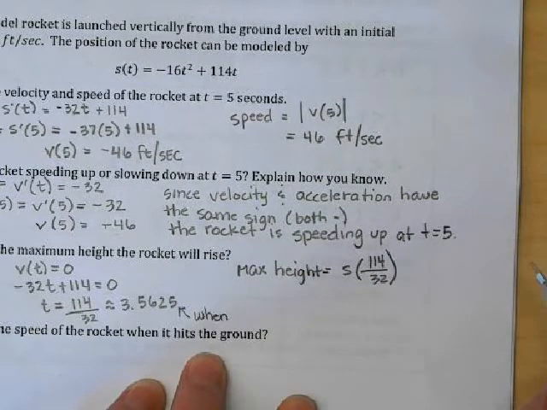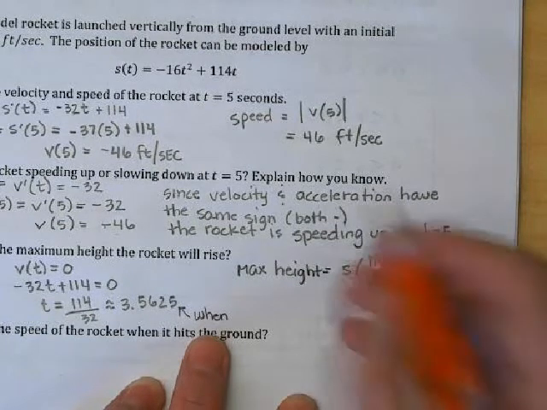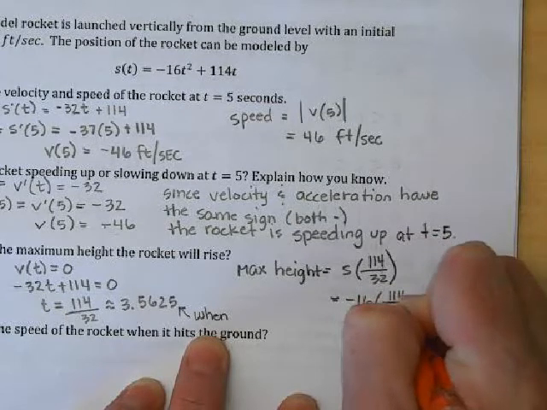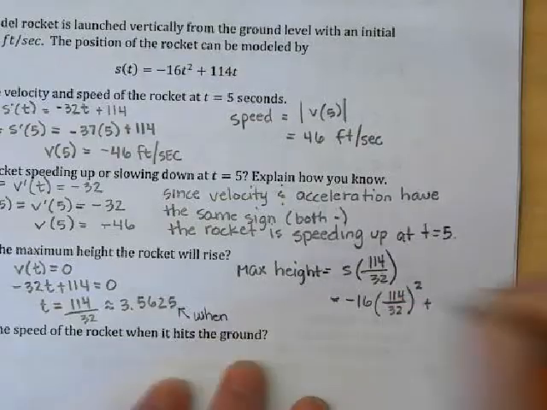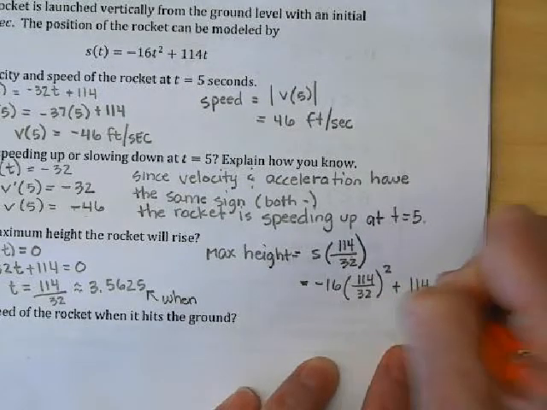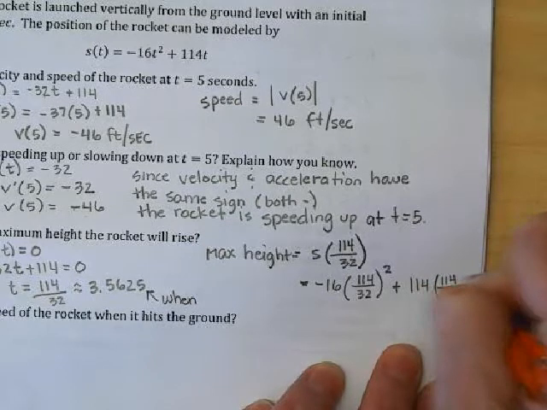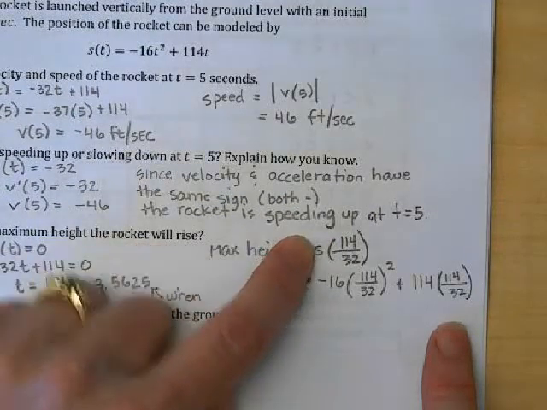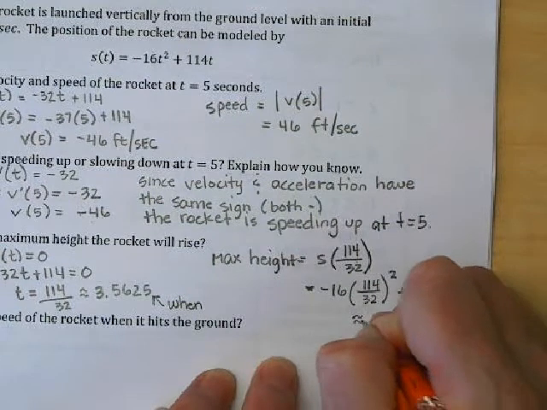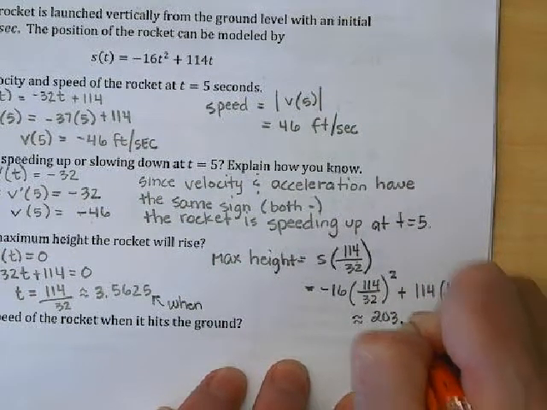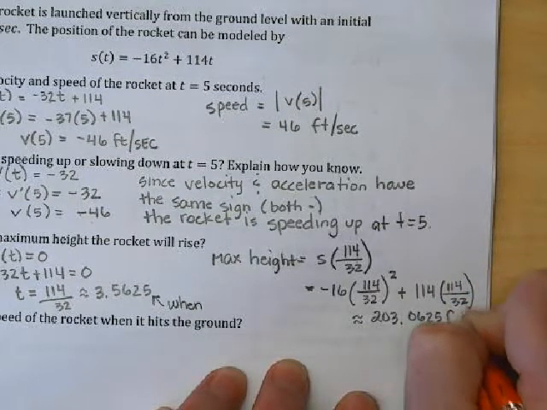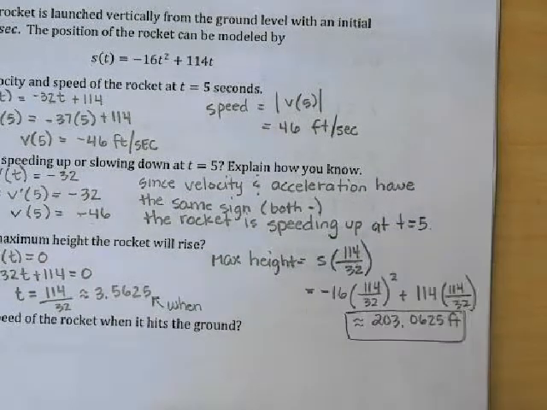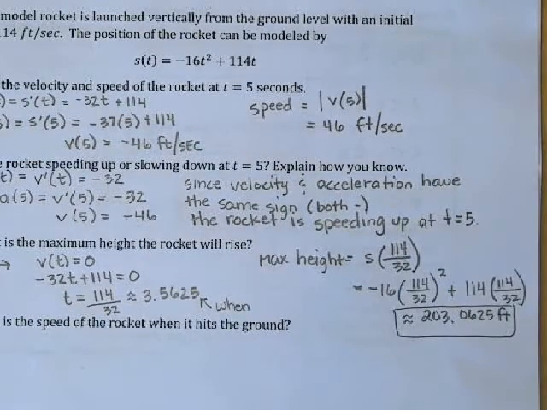I'm showing that this is equal to negative 16 times 114 over 32 squared plus 114 times 114 over 32. I do have to prove how I figured that out. Of course, I'm going to go to a calculator, and that's approximately 203.0625 feet. That's my answer, but I have to have all of this stuff to prove how I got it.